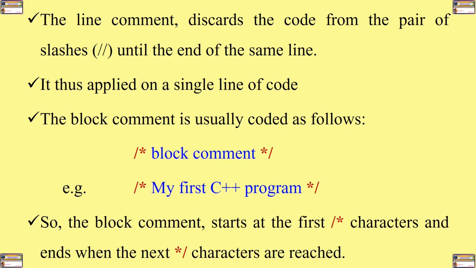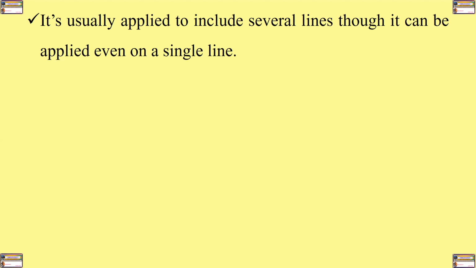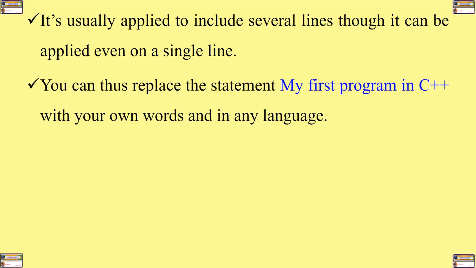So the block comment starts at the first forward slash asterisk characters and ends when the next asterisk forward slash characters are reached. It's usually applied to include several lines, though it can also be applied on a single line, like in my program.